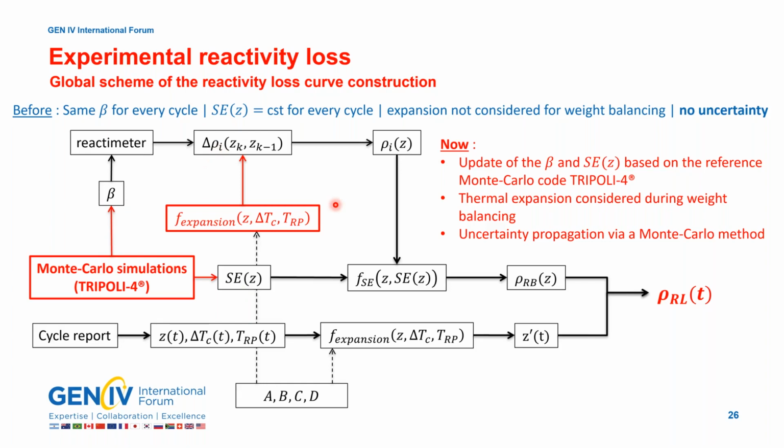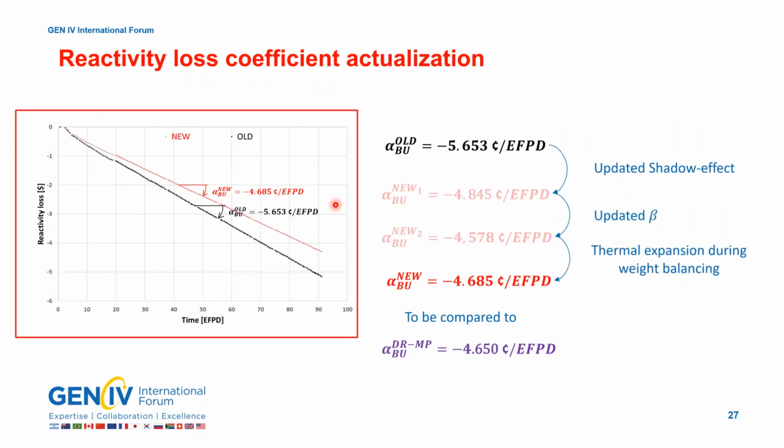By doing that, we have changed the experimental value by 20%. So the original bias was quite huge, but it was not a problem at that time because it was for operational purposes. But here it's for analysis purposes. So we need a reliable experimental value. We need a clean experimental value.